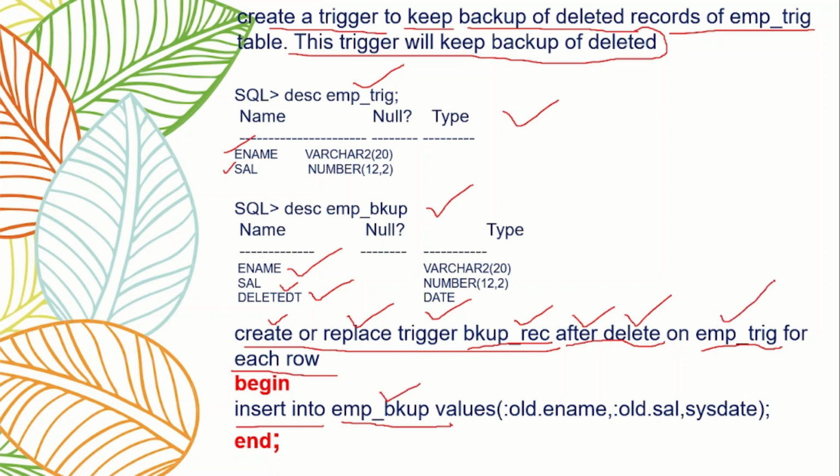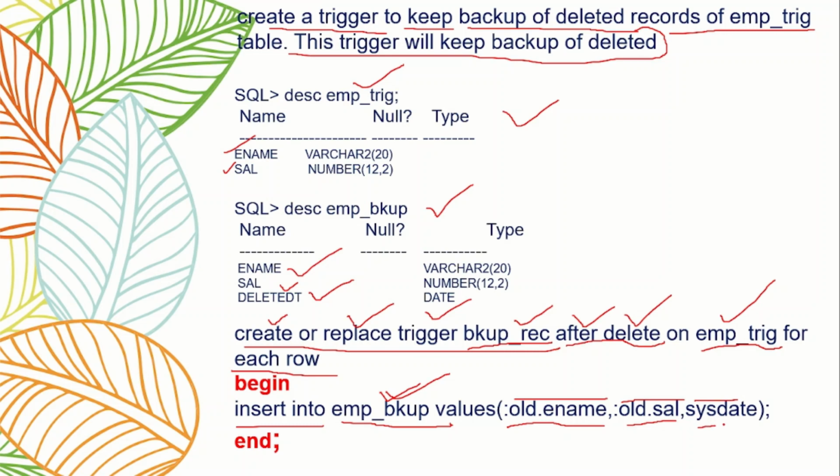This is the table from where data will be deleted, and this is the table where the backup will be kept. So see, :old.ename. This old means the data which is already there in the table. We all know that if we are going to delete a record, that record is already there in the table. So :old.ename will refer to the ename field of the table, and this will refer to the salary field.